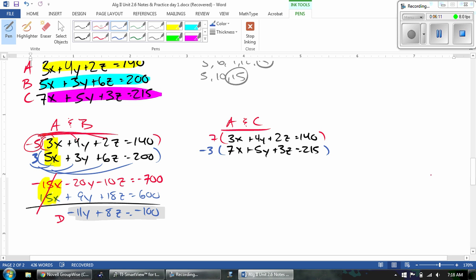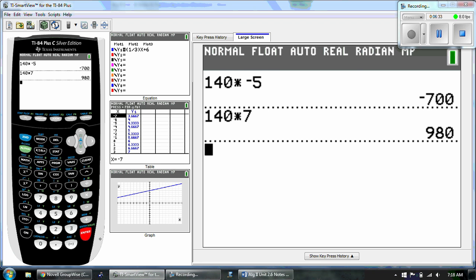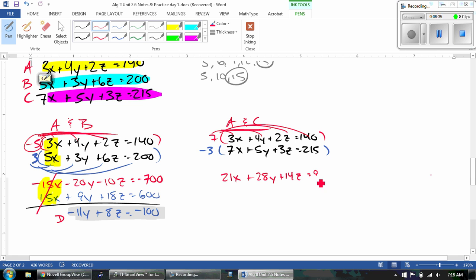Okay, so go ahead and distribute. Make sure to distribute to everything, and that turns to 21x plus 28y plus 14z, and that last one I think was 980, but I'm just going to do it again. 140 times 7, and we get 980.